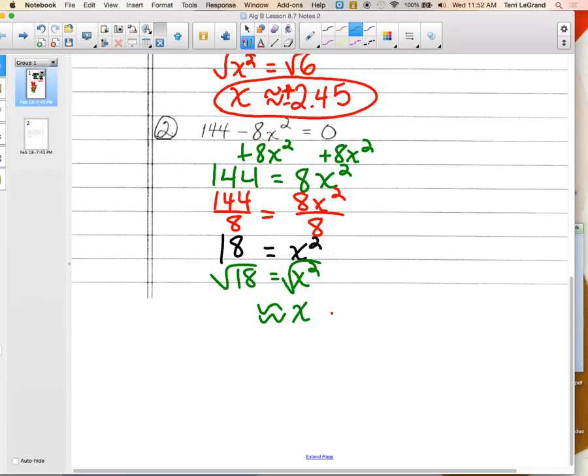So, just in case you can't trust your calculator, you at least want to process that much. And then round to the nearest hundredth. Cameron, what is this rounded to the nearest hundredth? 4.24. Positive or negative, right? Yeah. Okay.